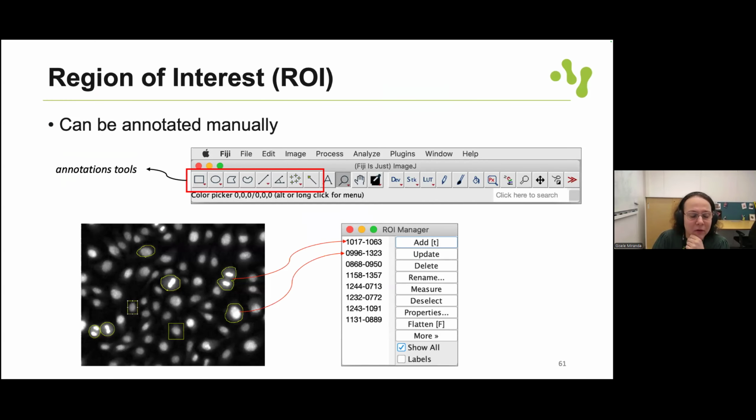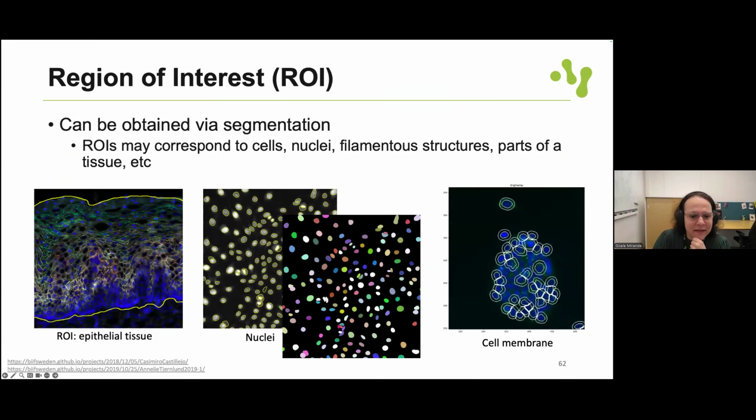Separating these objects of interest, we call them regions of interest, or ROIs. That's a very common term as well. You can do this manually. Fiji has tools like the ROI manager that allow you to do that. Or they can be obtained via segmentation.